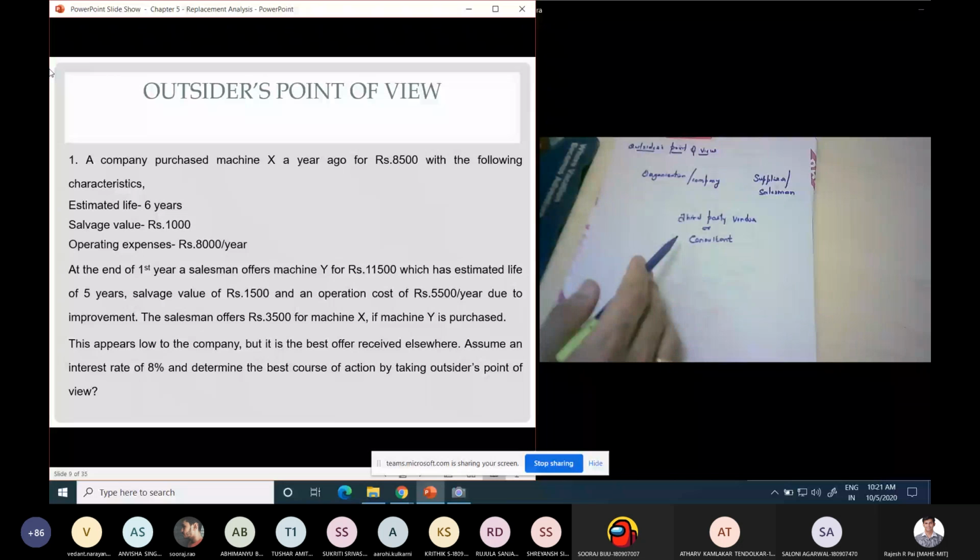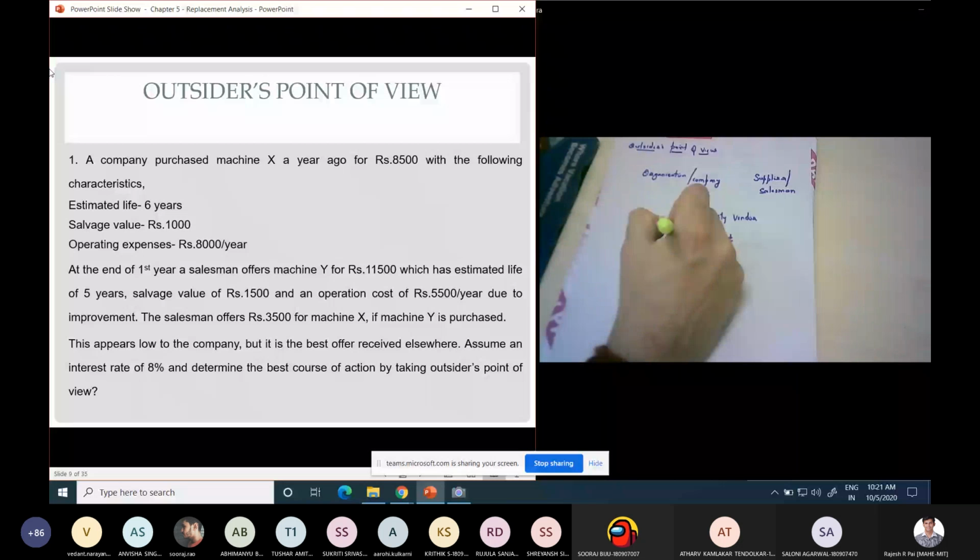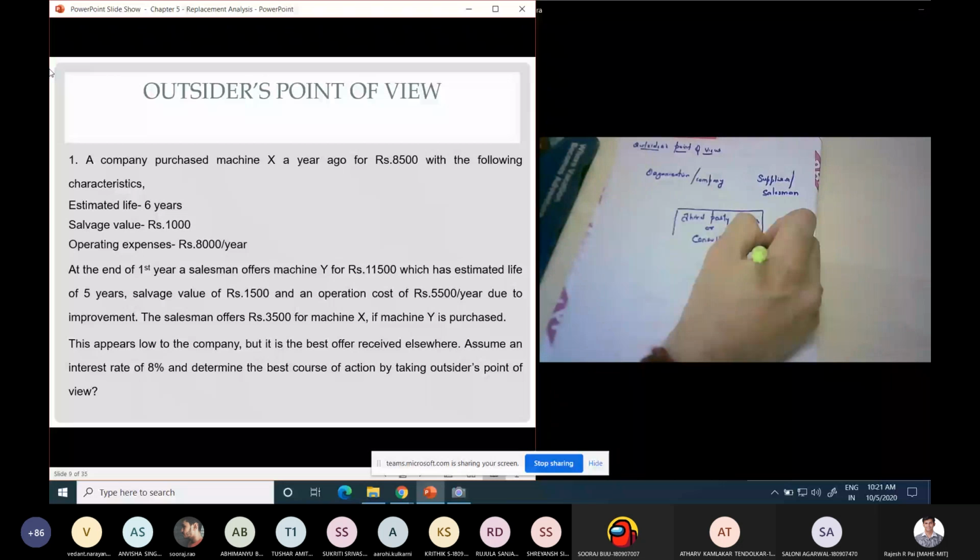So there are three entities here. You have an organization or a company, a supplier or a salesman, or a third party vendor or a consultant. You are going to analyze from the third party vendor or consultant's view.